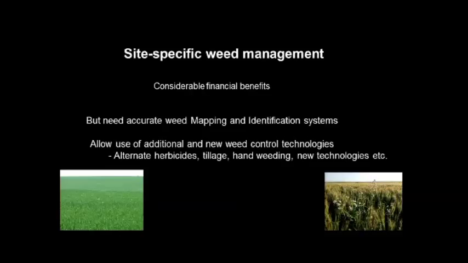We will have some very good systems, hopefully in the not-too-distant future. Once we have that, then we can use a whole host of different weed control strategies. As well as alternate herbicides, we can go back to specific tillage. We can even introduce hand weeding, and new technologies such as microwaving, electrocution, etc. These options all become feasible when we have that mapping and identification technology.